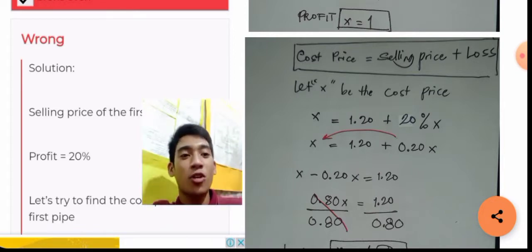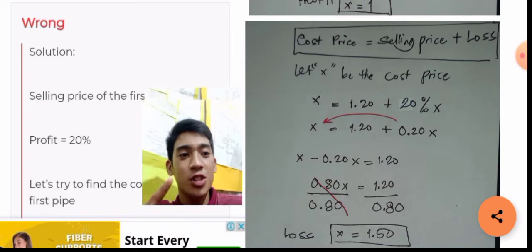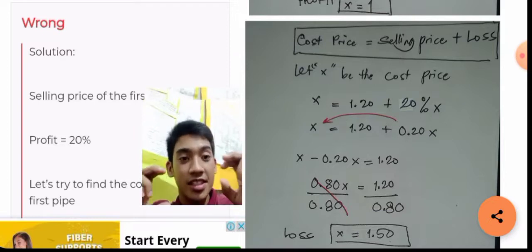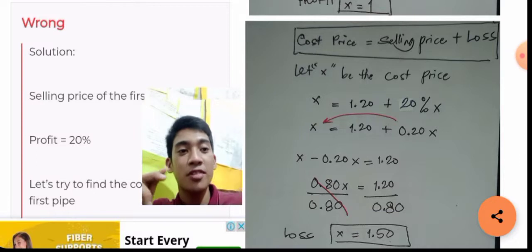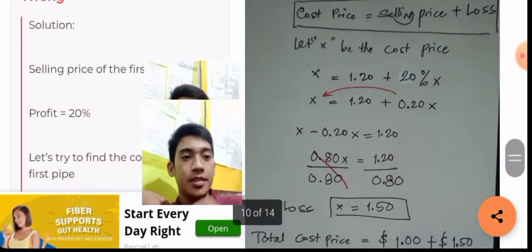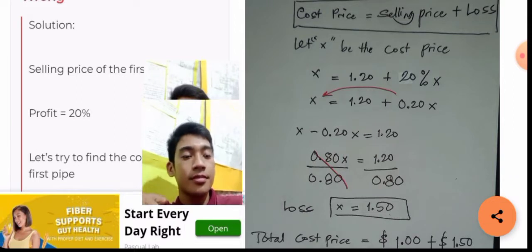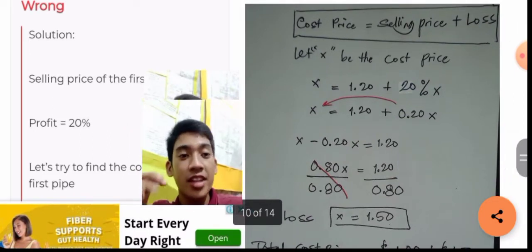Let X be the cost price. So X equals 1.20, the selling price for the second pipe, plus 20%, that is the loss. The loss is 20% of the cost price. Now transpose 0.20X together with X, combine like terms.